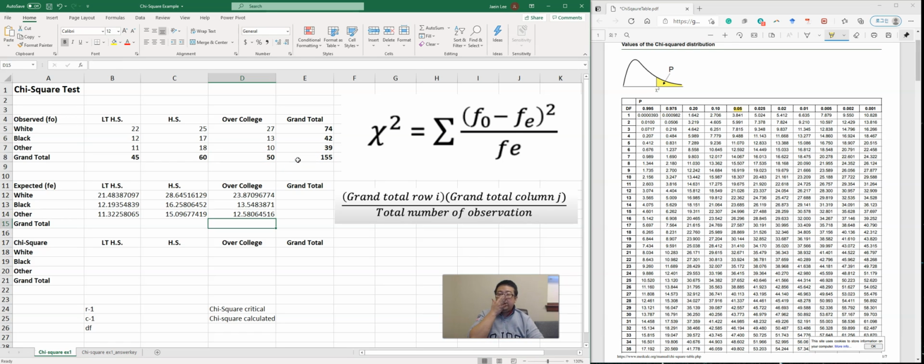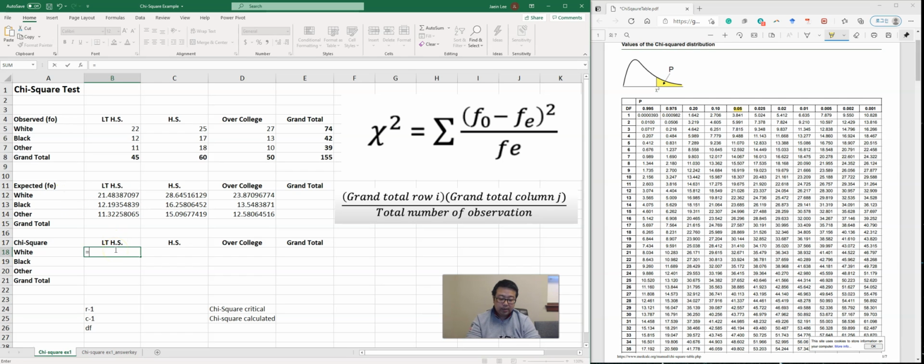Okay, so now we have calculated the FE as expected frequency. So we are finding the chi-square of each cell. We know that this is a sum, so we will sum later. So we are just finding this part as the squared difference between the observed frequency and the expected frequency, divided by the expected frequency. So this is the observed frequency and this is the expected frequency.